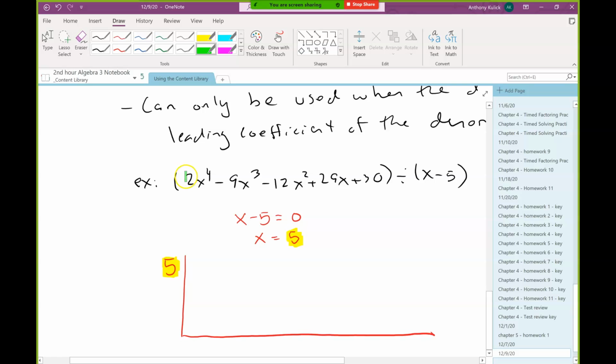And just like synthetic substitution, inside the bar are going to be the coefficients for my polynomial.